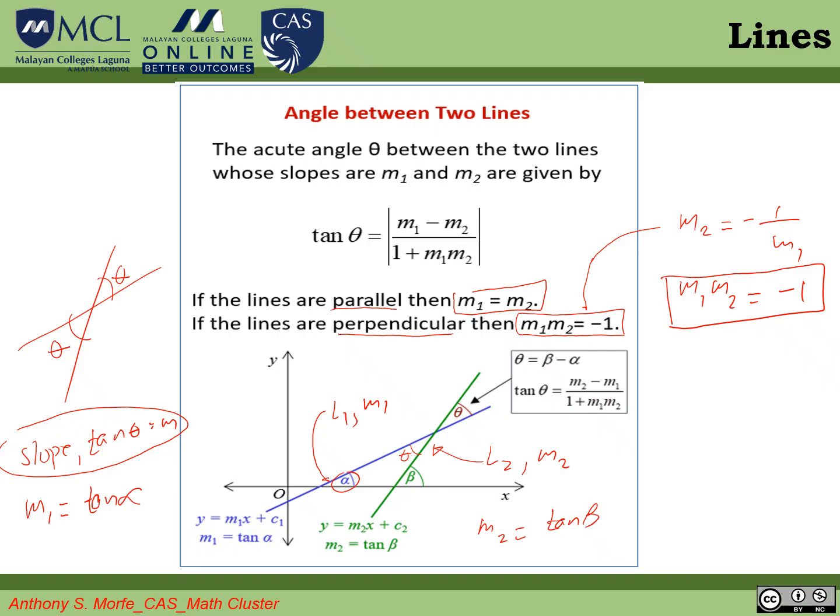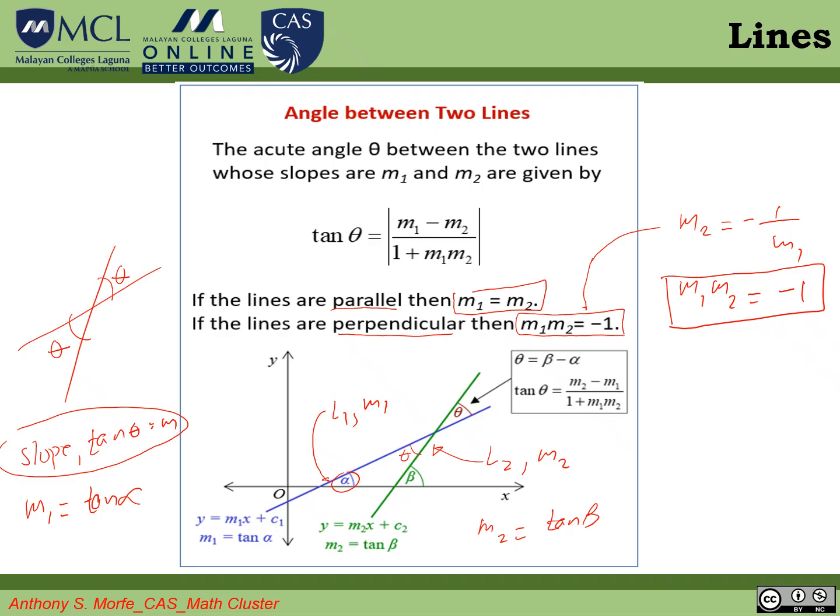Okay, so we have to label our lines in this manner so that we can easily solve for whatever is being asked in the problem. So in this case, we just use this to derive this formula, class.